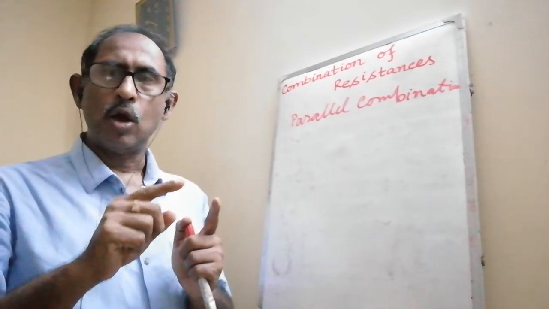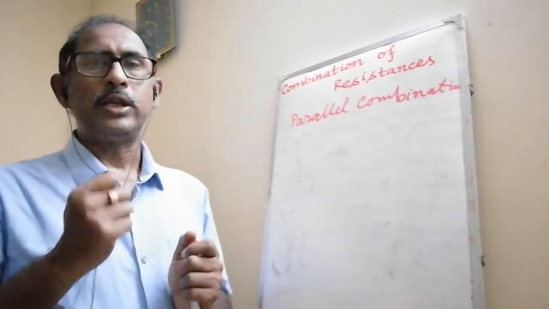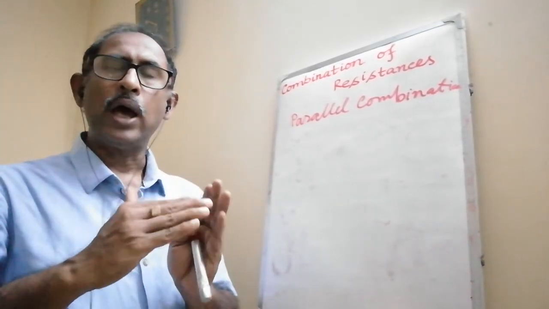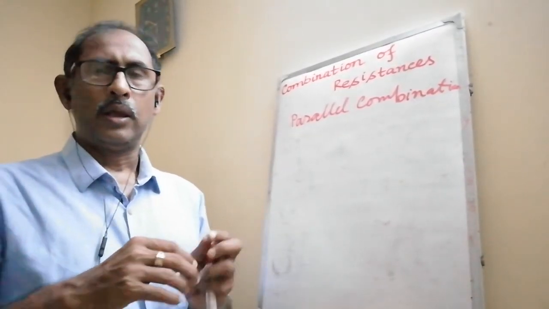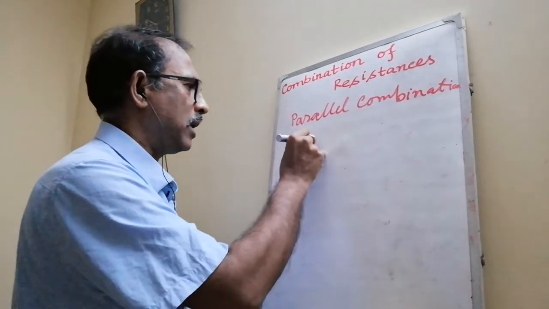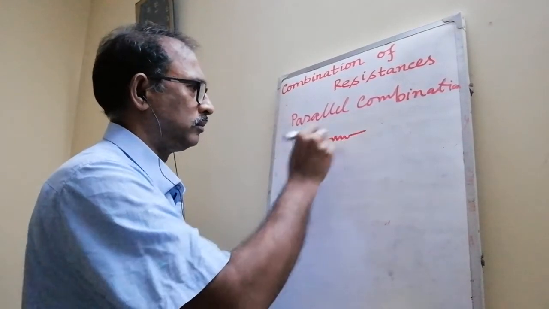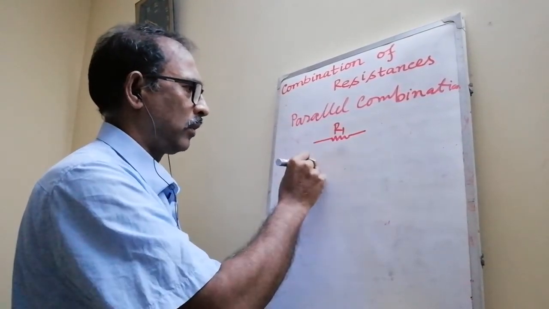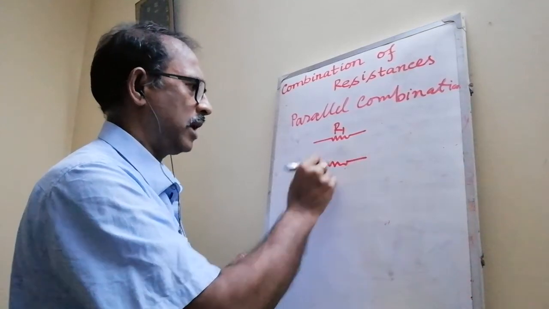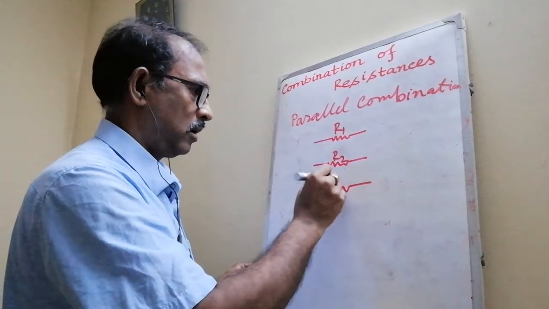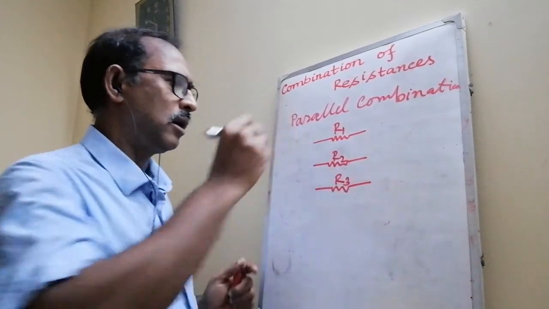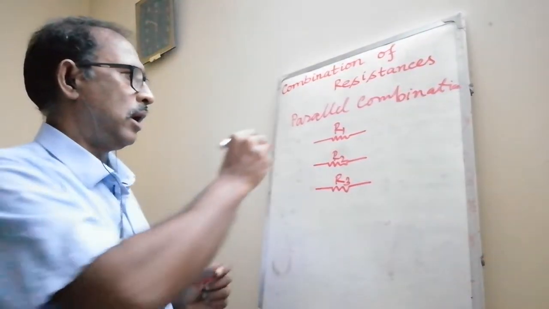The other ends of each resistor are connected to another point. That means, say it is the first resistor R1, the second resistor R2, and the third resistor R3.